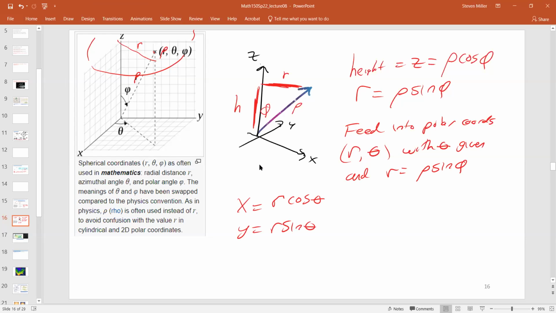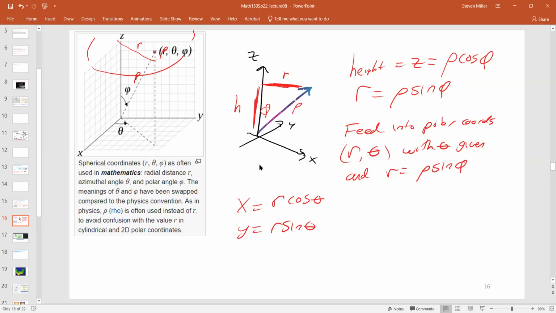This is why mathematicians prefer to keep theta for the angle that's turning parallel to the xy plane. We like to use rho for the radius of the sphere, and we like to use r for how far we have walked from the z-axis parallel to the xy plane.